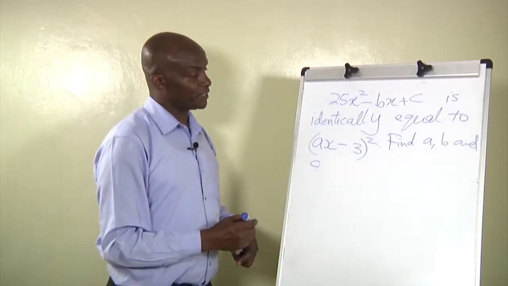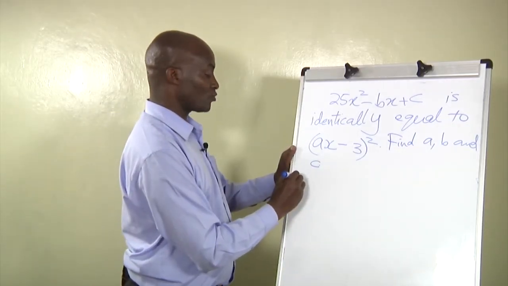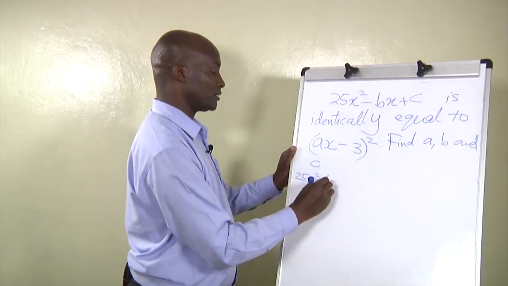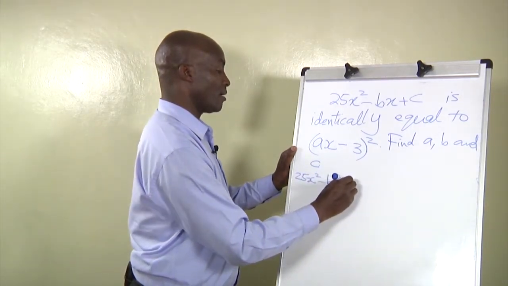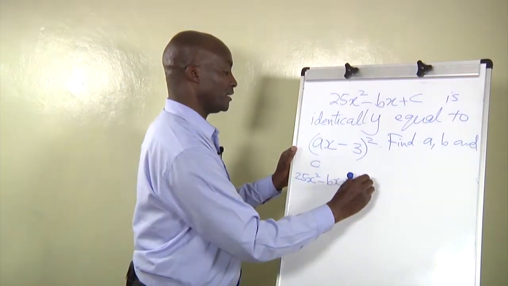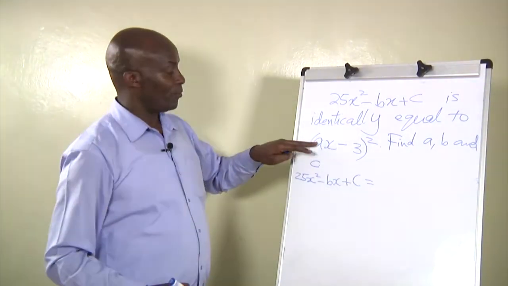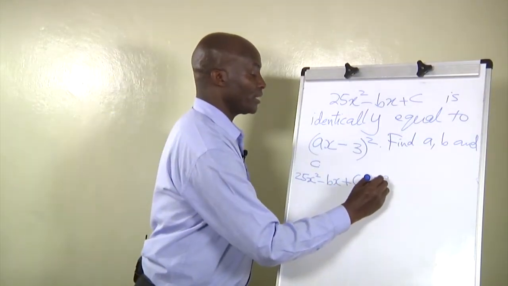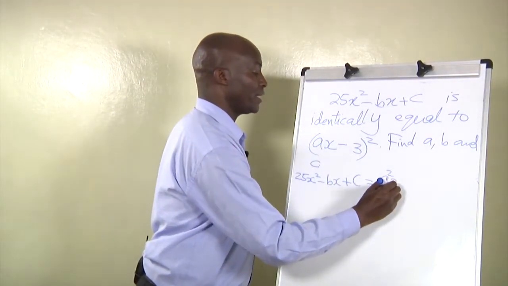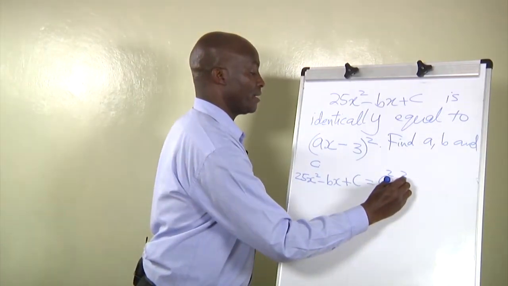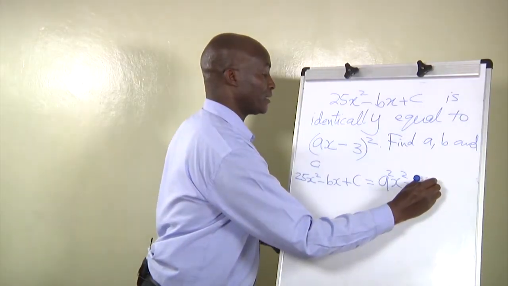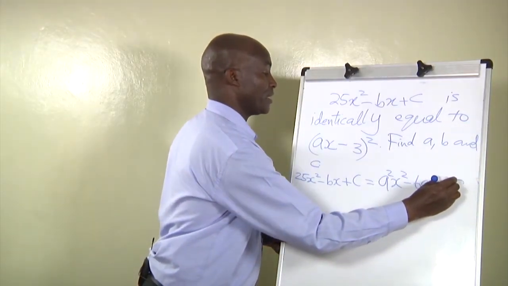So to solve this, we will say 25x squared minus bx plus c is equal to, we square this, so it becomes a squared x squared minus 6ax plus 9.